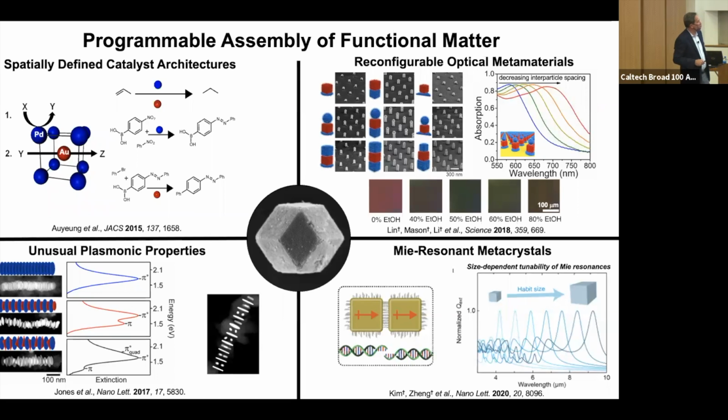And you can begin to use these architectures to create interesting reconfigurable optical metamaterials where, for example, exposure to different solvents, going from water to ethanol, can contract the oligonucleotides and control the spacing between the particles, therefore the optical coupling and the optical outputs.